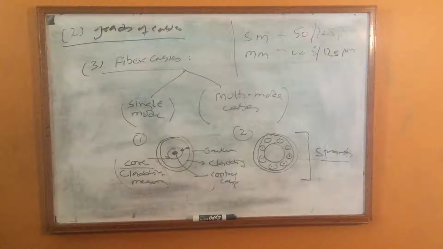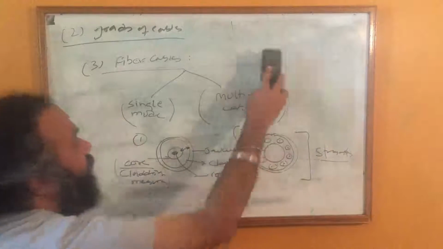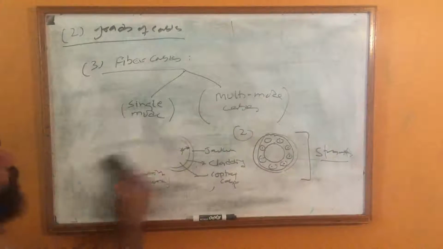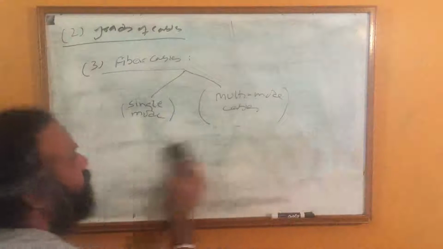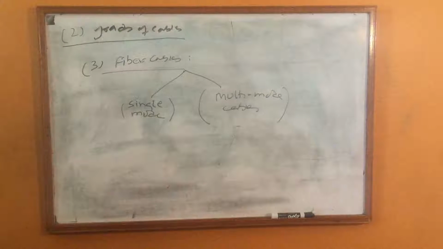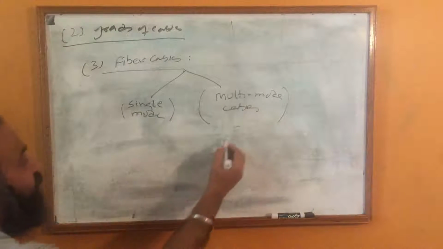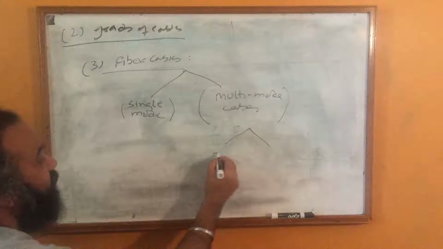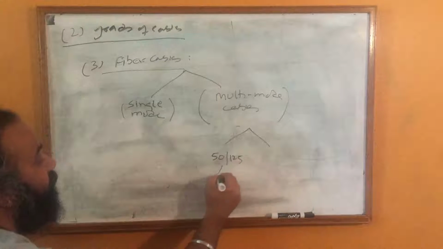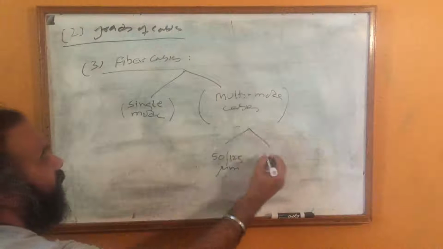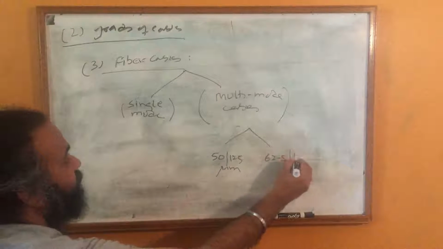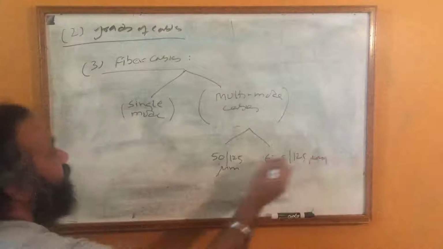I'm wrong here, so I need to remove this. In the multi-mode, we have two flavors: one is 50/125 micrometer, and also 62.5/125 micrometer.